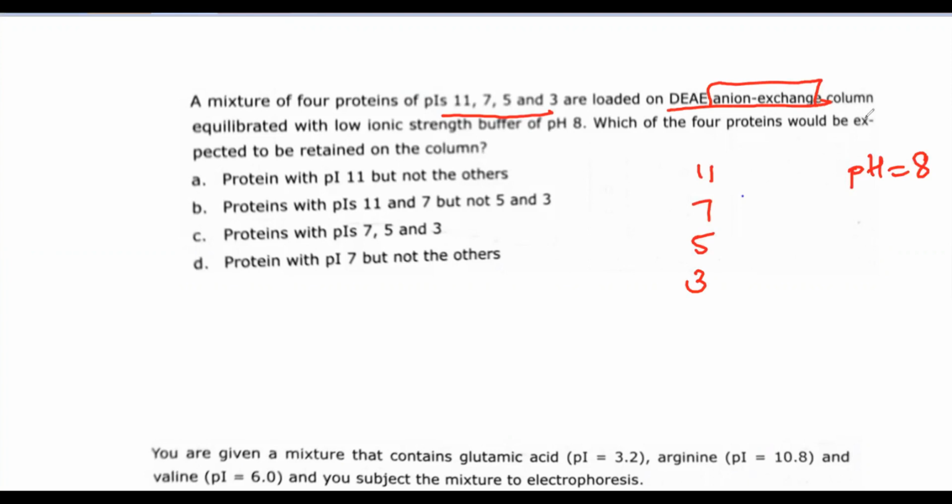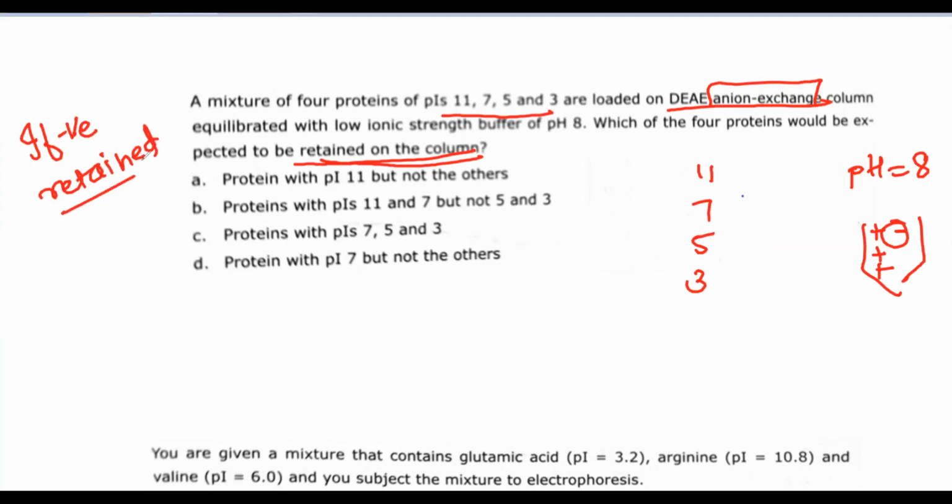Which of the four proteins would be expected to be retained on the column? Again, DEAE cellulose, what is the charge of the resin? It is positively charged. So retains meaning it has to have a negative charge. So if it is negative, then it will be retained.